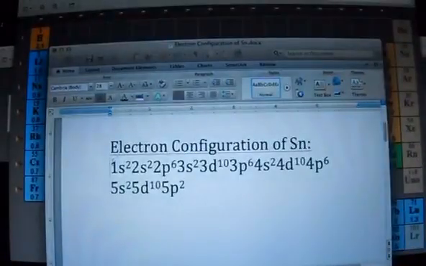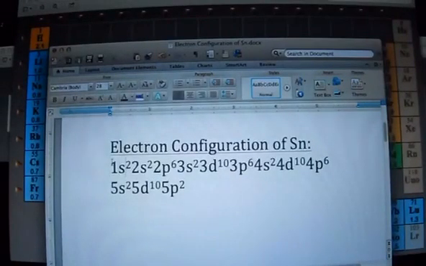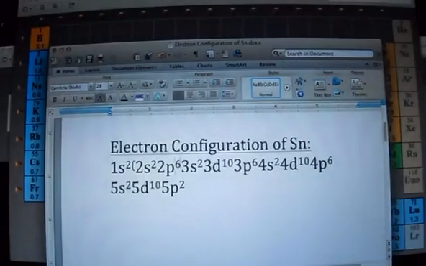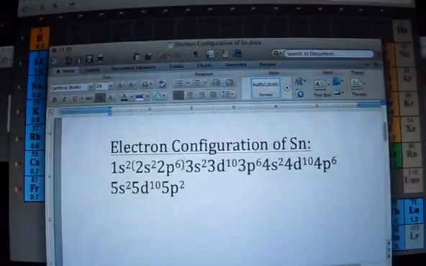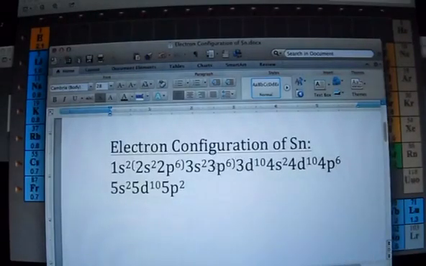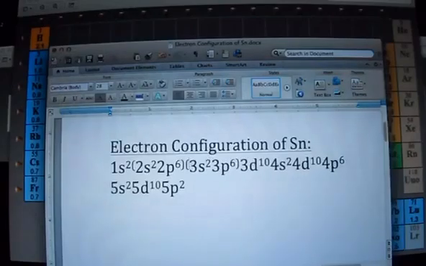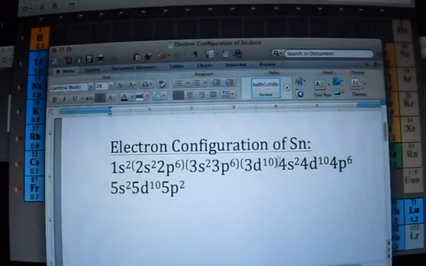So we're just going to write some parentheses here. Basically, that just means we put the 2s and the 2p together, and we have to move this over here because we have to put the 3s and the 3p together. 3d is in its own group, and we have to move this aside because the 4s and the 4p go together. 4d is in its own group.